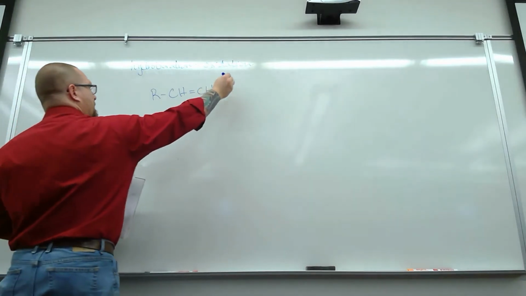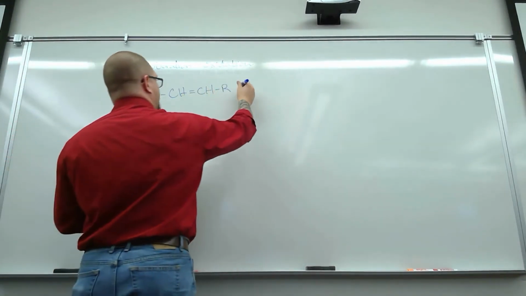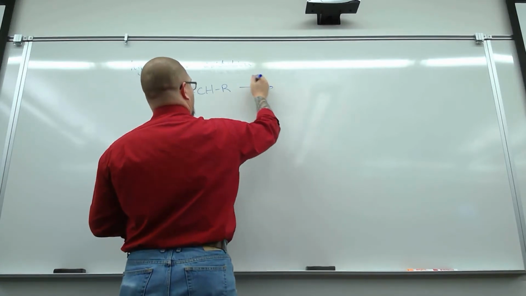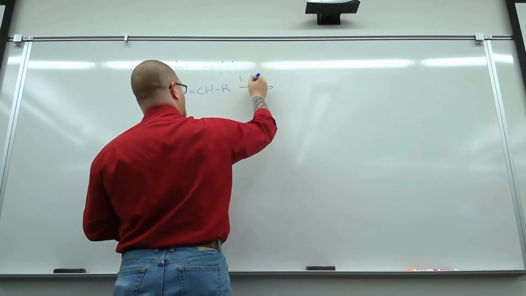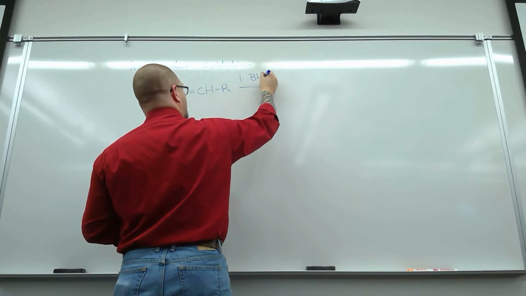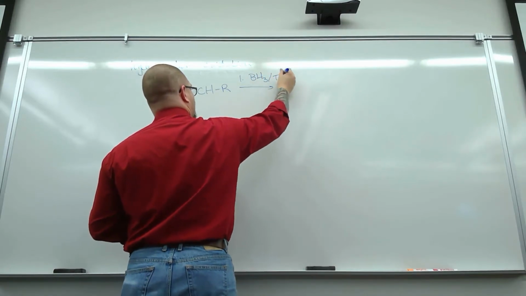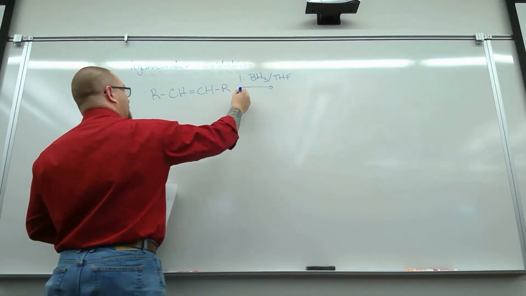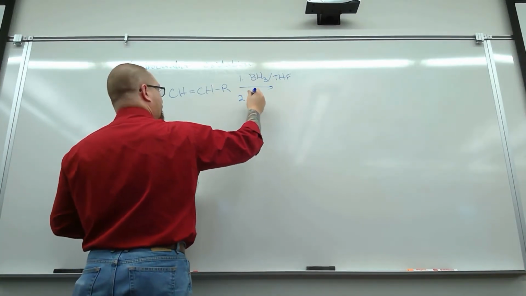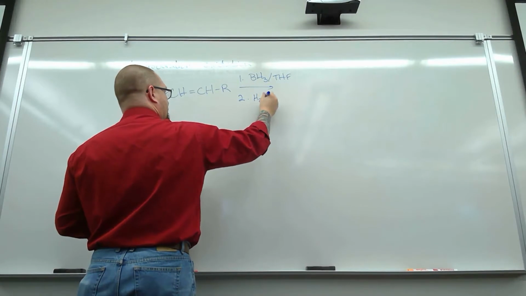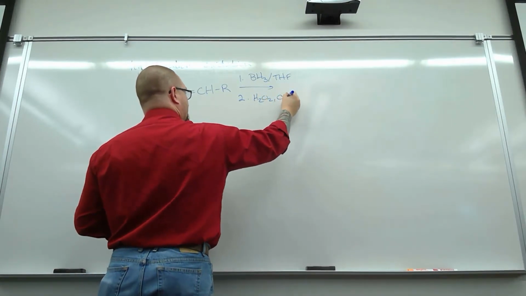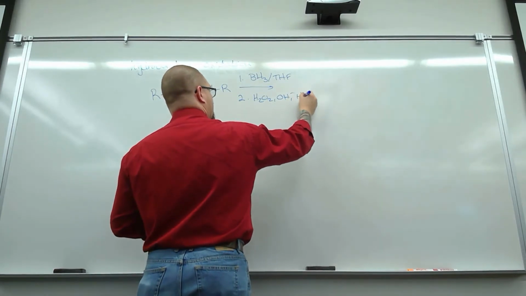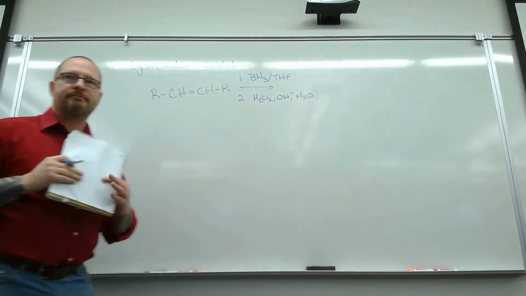alkene and we want to do a hydroboration reaction to this, our first step would be to use borane, which is BH3, in tetrahydrofuran as our solvent, or THF. And then our second step is to use hydrogen peroxide in the presence of base in an aqueous system.